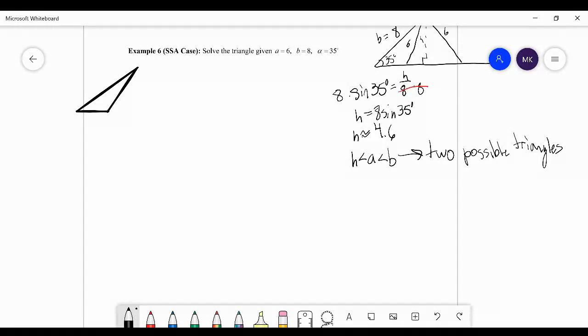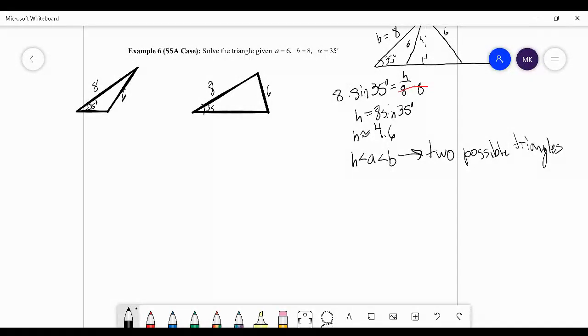So we've got this triangle here, that's 35, that's 8, that's 6. And then we've got this triangle again, 35, 8, and 6.